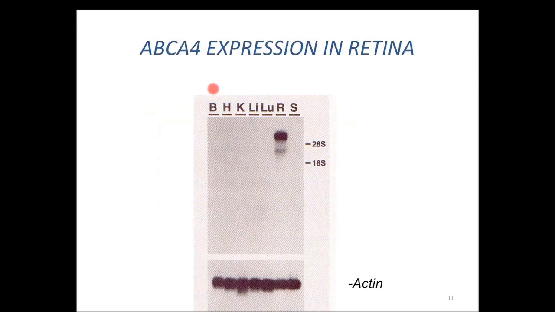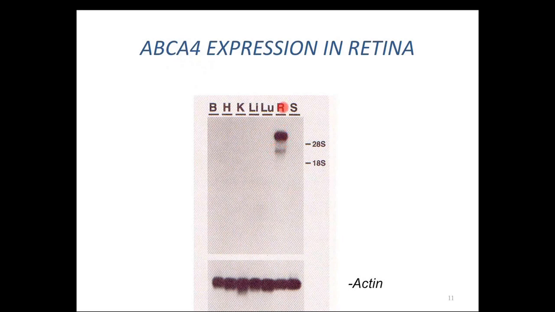Now, while we were basically in the process of studying other genes that were part of this group of transporter family, one of the genes we studied we named ABCA4. There's basically 7 different subfamilies of ABC transporters, A to F. So this was the 4th gene we found in the A group. And we noticed that it had a funny pattern of expression.